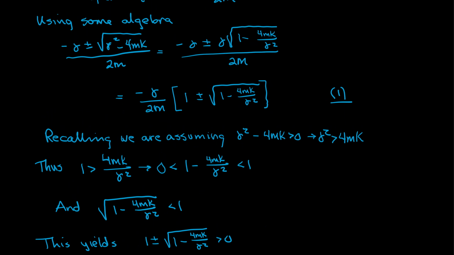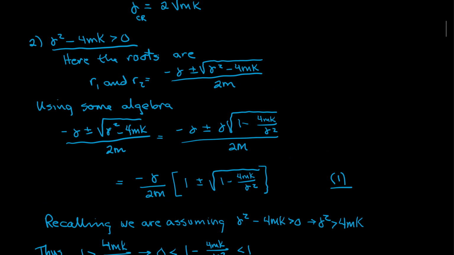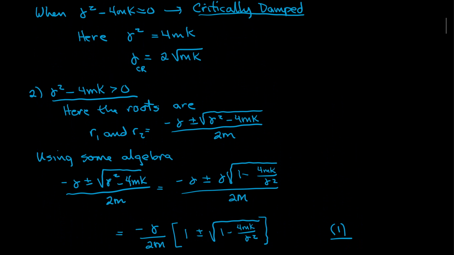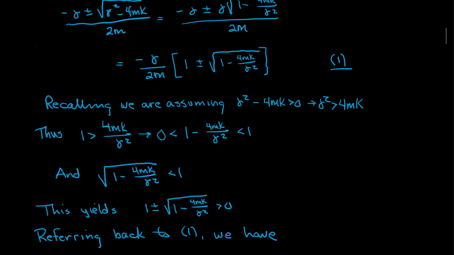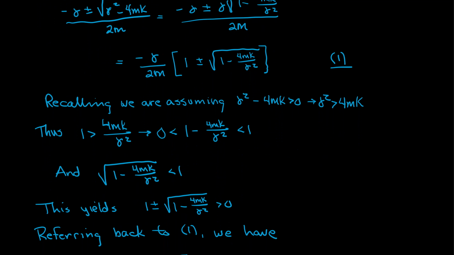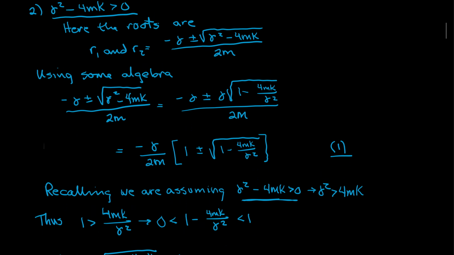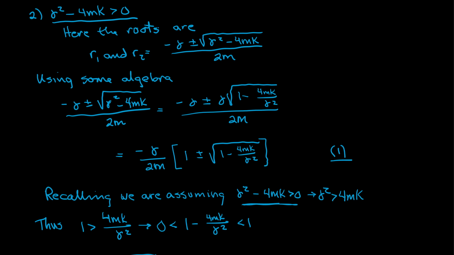Well, if you'll recall, up here we have a relationship between the 4mk and the gamma squared. If it's critically damped, they're equal. In this case, we're going to have the gamma squared minus the 4mk greater than 0, which is what we're assuming. Recall, up at the top left corner here.